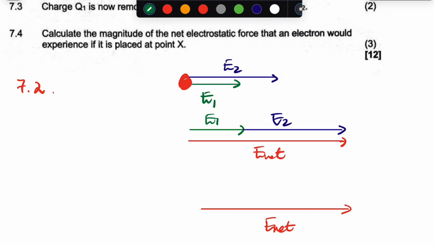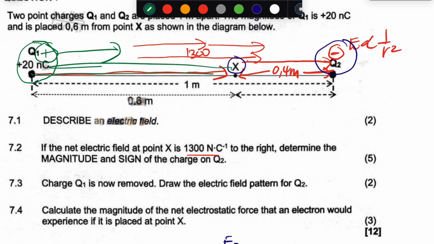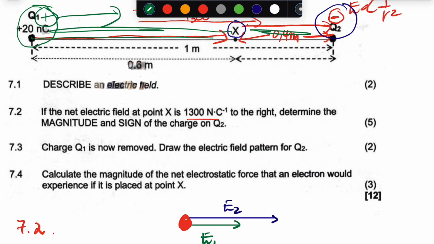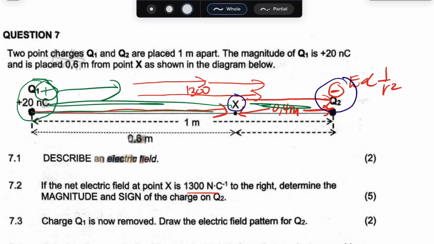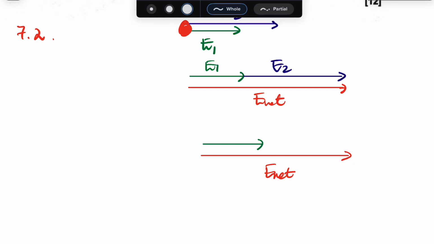So this is E1, in green. I'm going to make it smaller because of the distances, a bigger distance and a smaller distance, right? Let me clean it. So this is E1.